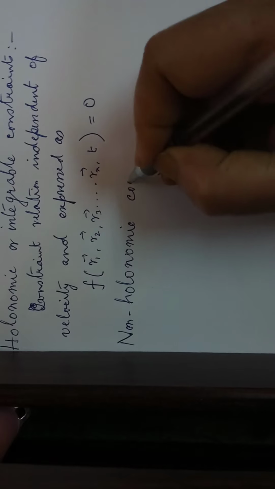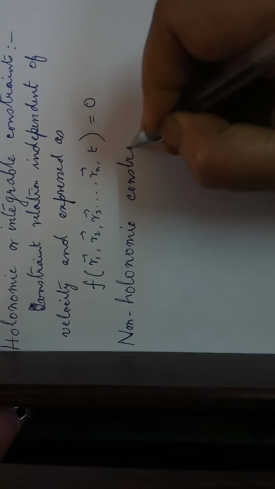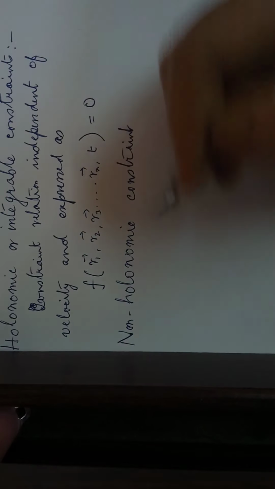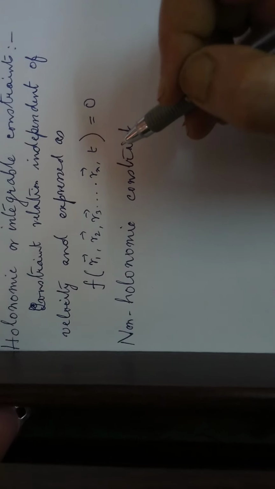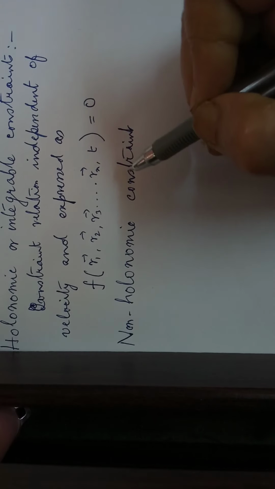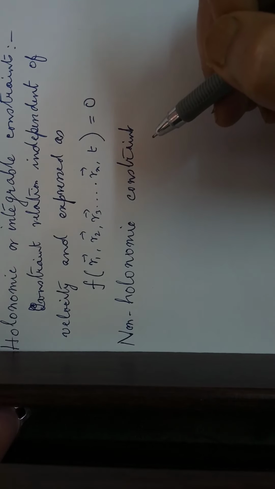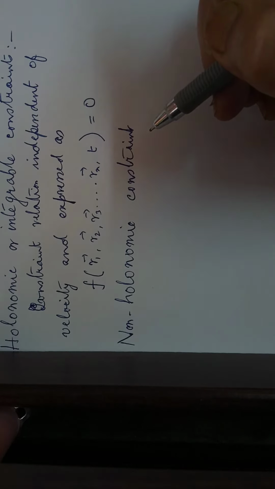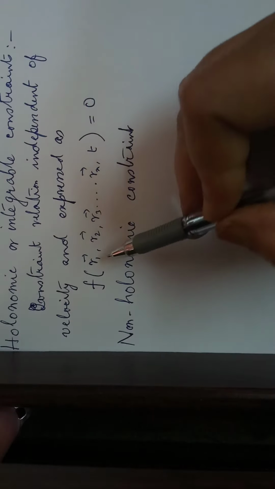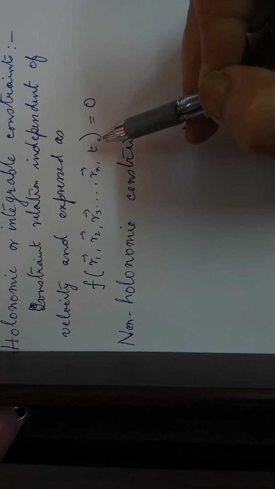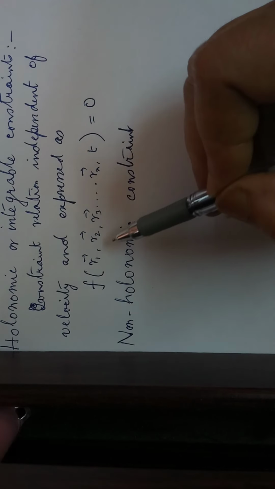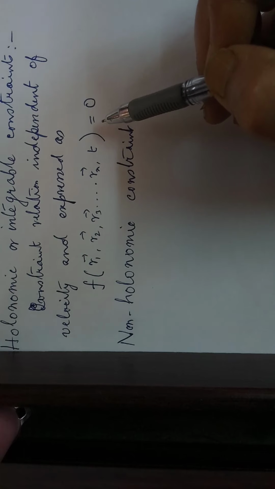As the name suggests, if a holonomic constraint is independent of velocity, a non-holonomic constraint will be dependent on velocity. You cannot write it in this form. When you cannot write a constraint equation in this form, then it is a non-holonomic constraint.